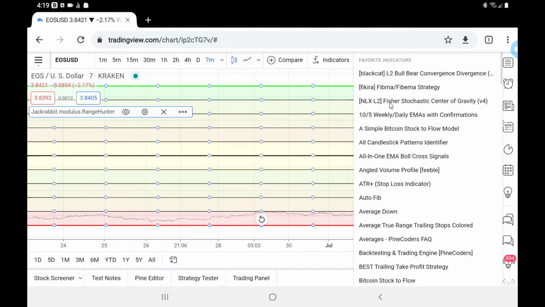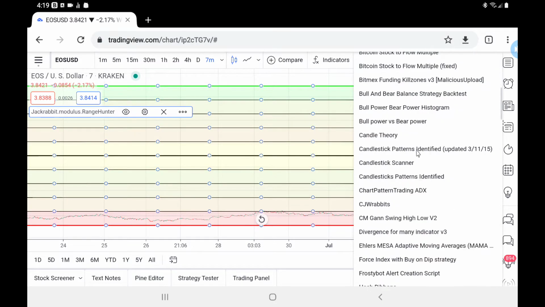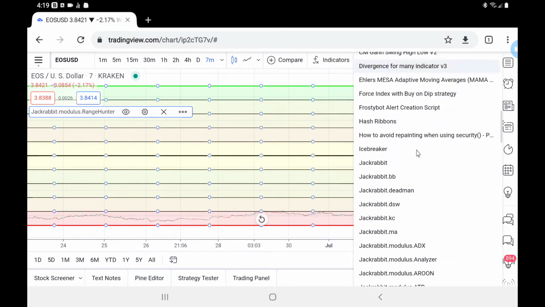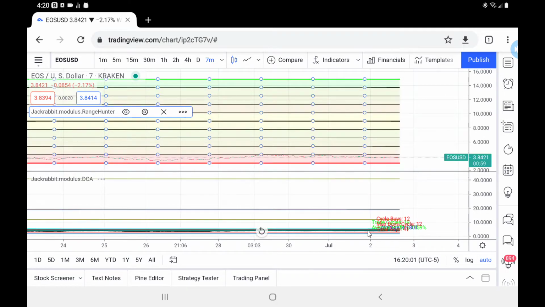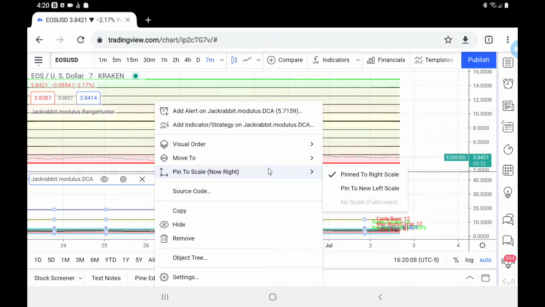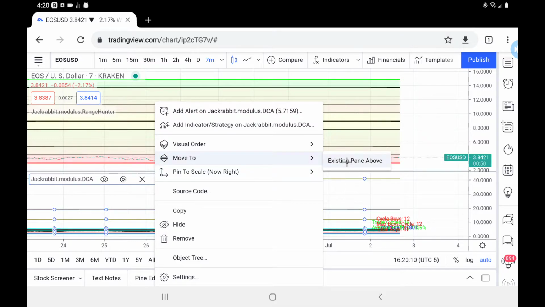So my next step is going to be my DCA module. Same thing with Range Hunter. I want to move it to the main chart.